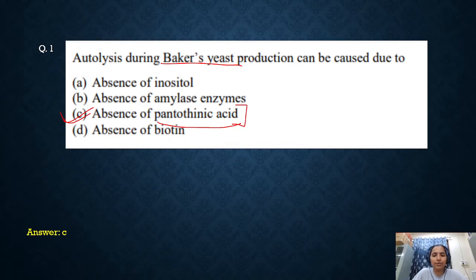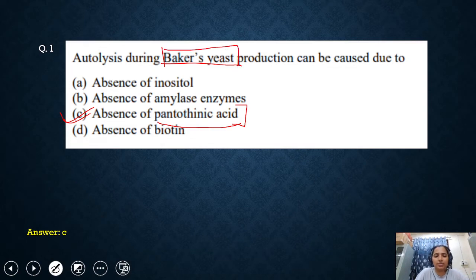Like you have to read, like first you are studying about the baker yeast production. So what you need, like what are the precursors, then what are the conditions required, like what is the pH, temperature and other requirement, like what are the other minerals or materials required.